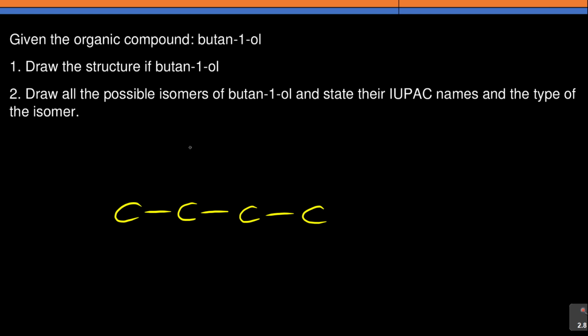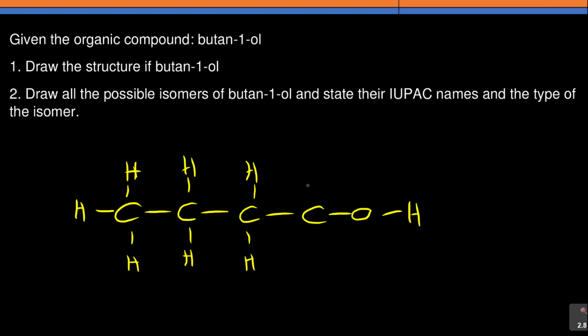Because it's butan-1-ol, you can put it here at the end, still the same, or you can put it here. Doesn't matter. So usually, since we always do things from left to right, it's better to put it at the end there. This is the structure of butan-1-ol. Are you with me? Making sense?